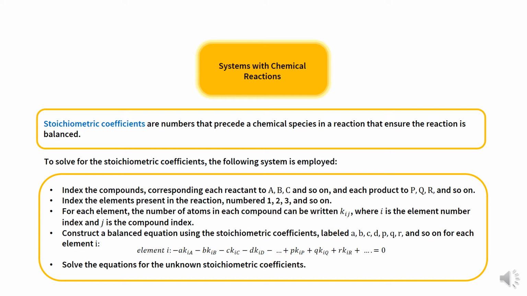For each element, the number of atoms in each compound can be written as k_ij, where i is the element index and j is the compound index. Then we can construct a balanced equation using the stoichiometric coefficients. We can label a, b, c, d, p, q, r, and so on for each element i, as we can see in this slide. And for the last step, we solve the equations for the unknown stoichiometric coefficients.